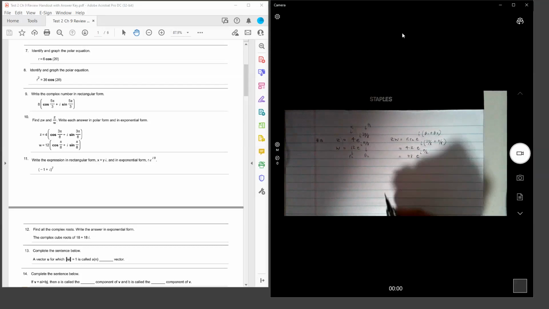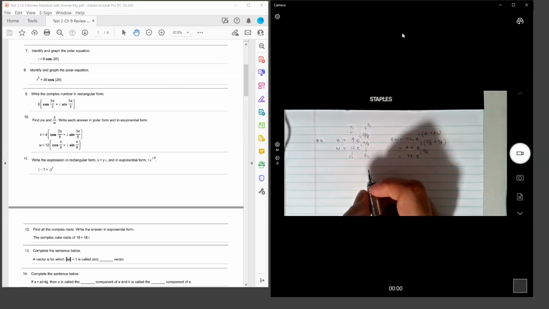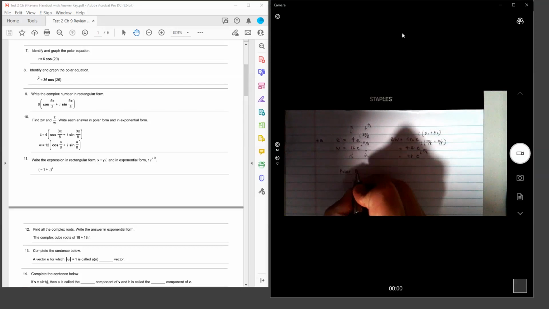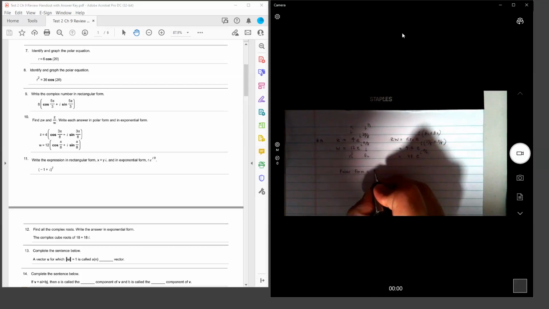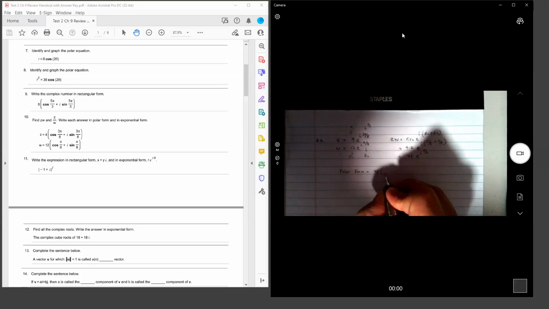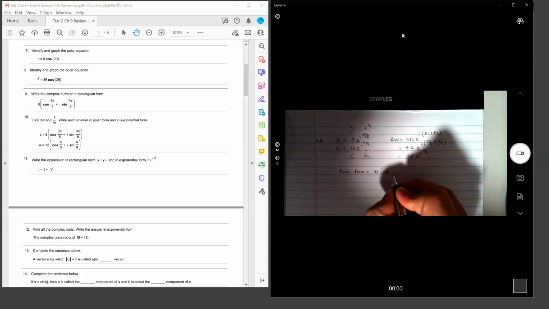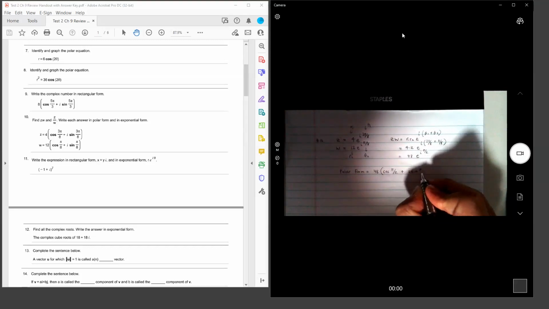Okay. So in this case, what does it want us to write it in? Oh, in polar form. So in polar form, this will be r, 48. What do we have? Cosine of pi over 2 plus i, the imaginary unit, sine of pi over 2.